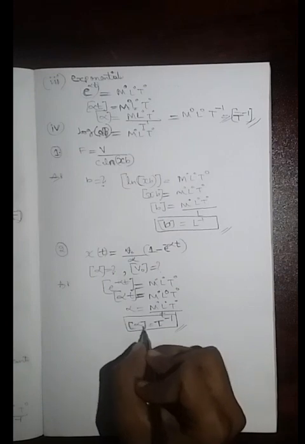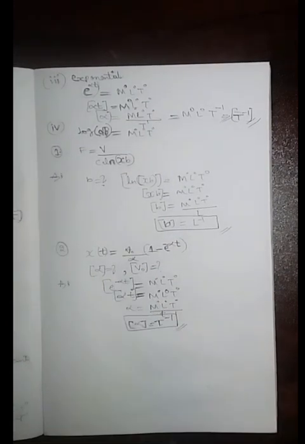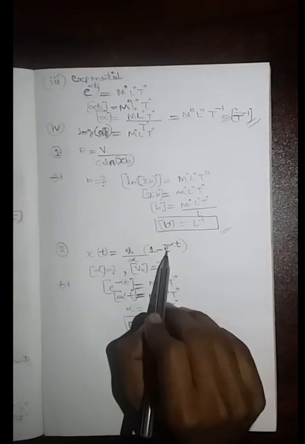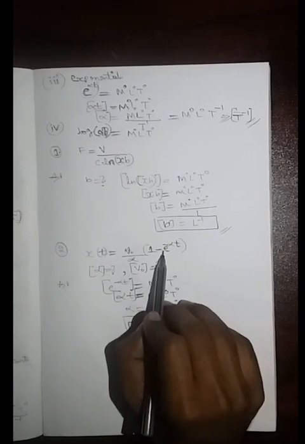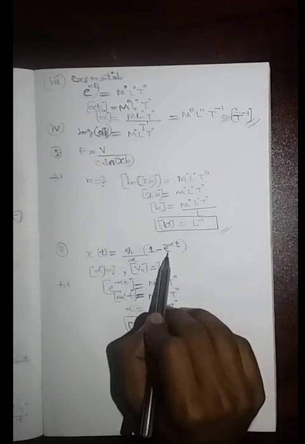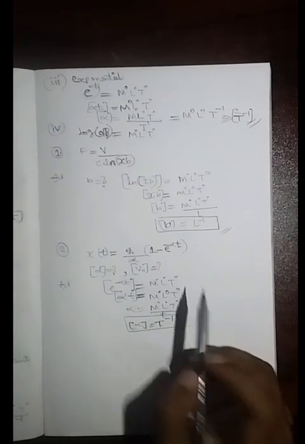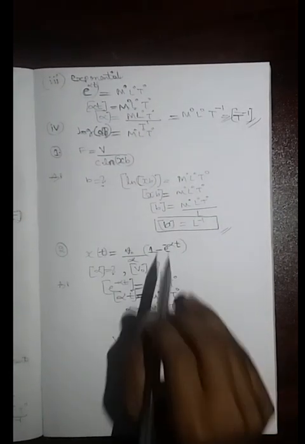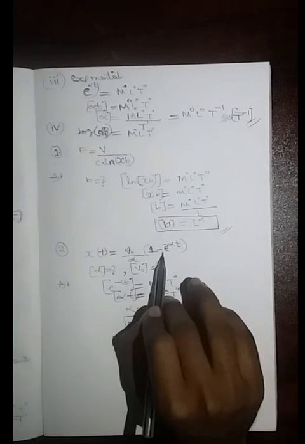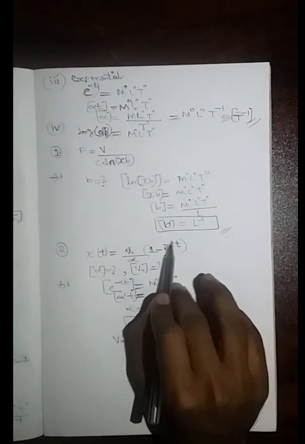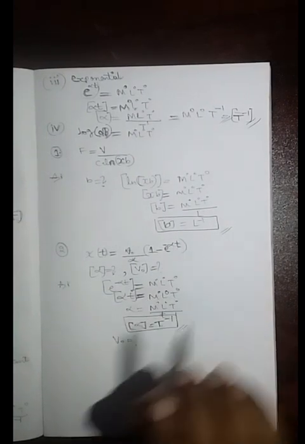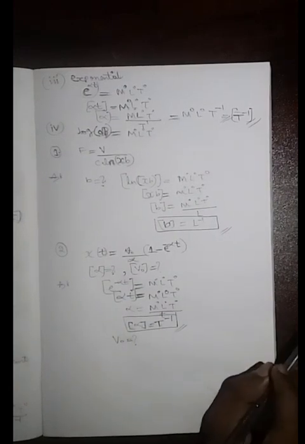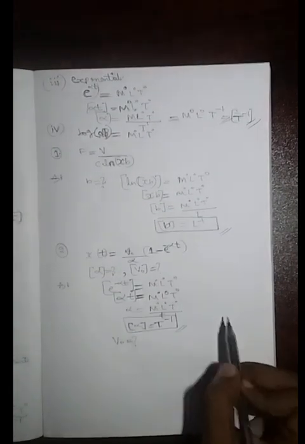Now to find v naught, we have e power minus alpha t, whose dimension is not considered, as it has no dimensions.